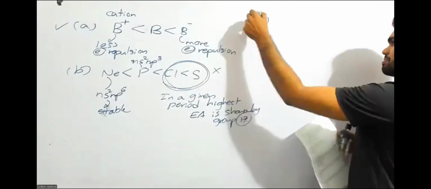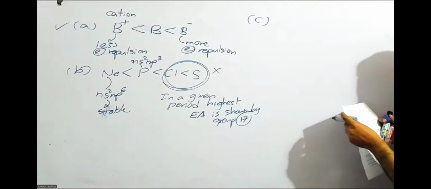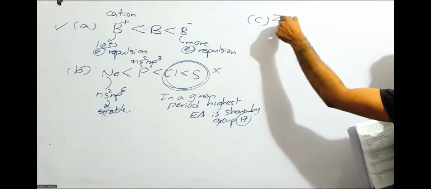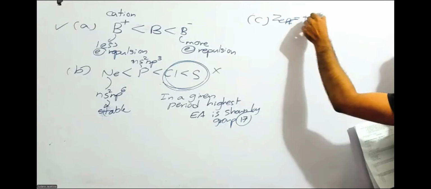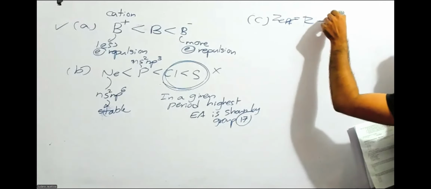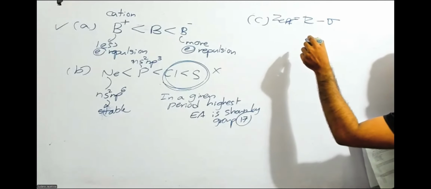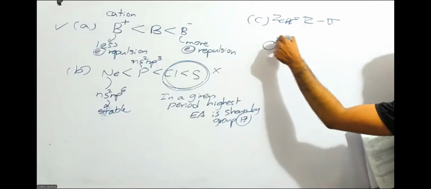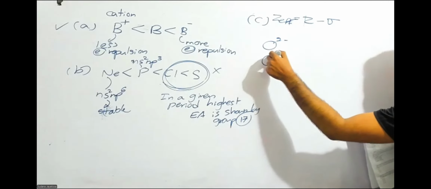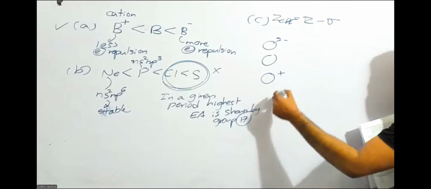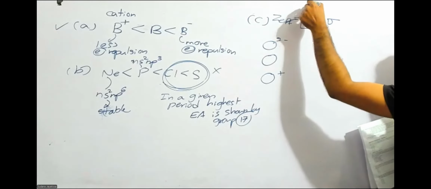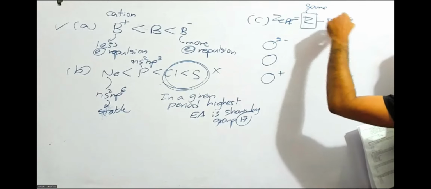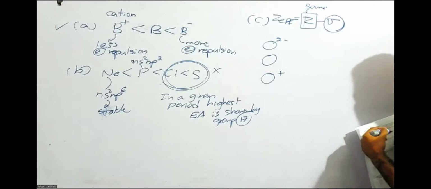Then look at C. Zeff. What is Zeff? Effective nuclear charge. Okay, Z minus sigma, nuclear charge minus shielding. So they all are oxygen atoms, ions. So that means Z is the same. So they only have variable shielding effect.